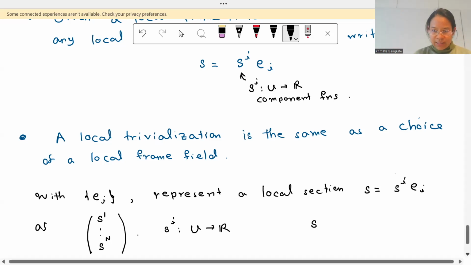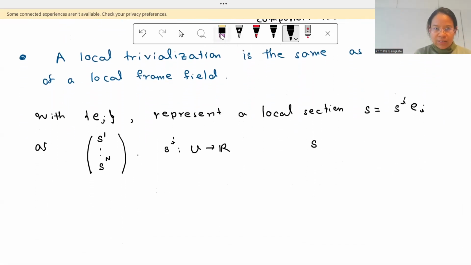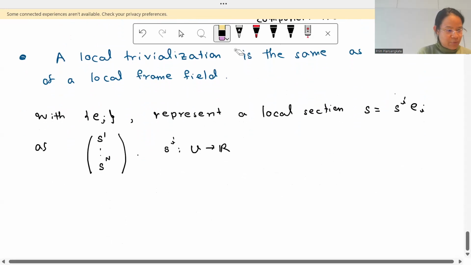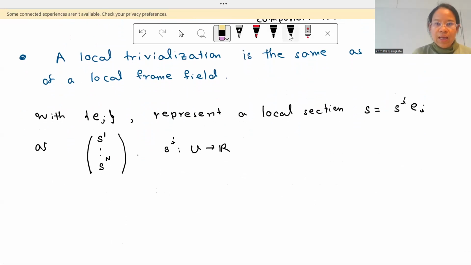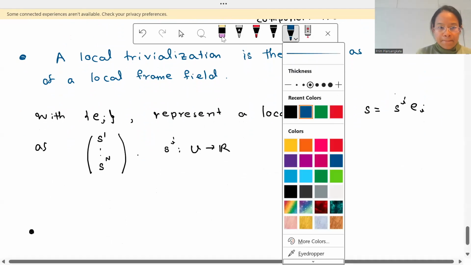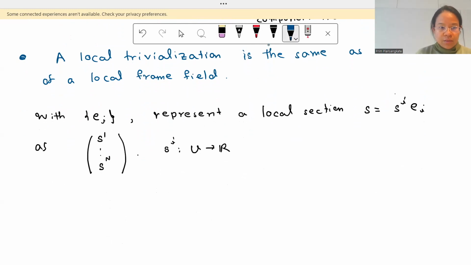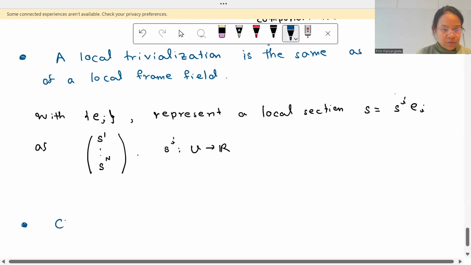So let me end today with change of frame fields, change of local frame fields.